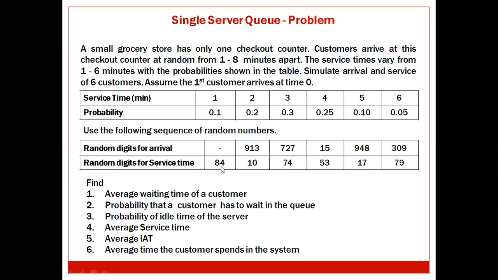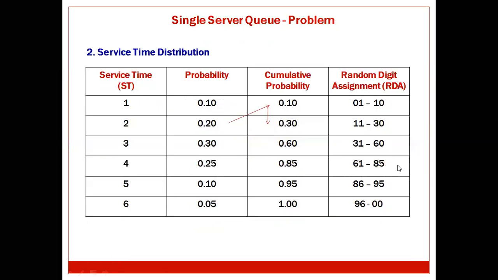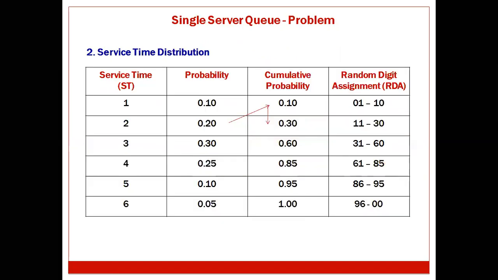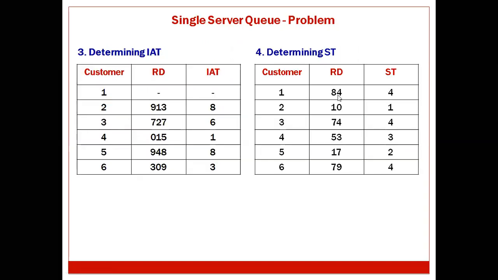Service is given from the first customer, right? So all the 6 customers have random digits: 84, 10, 74, 53, 17, 79. So I have written that down here. Then you have to find out the service time. How do you find it? Go with the second table, where we found the RDA, and look at the corresponding ST. The first one is 84.